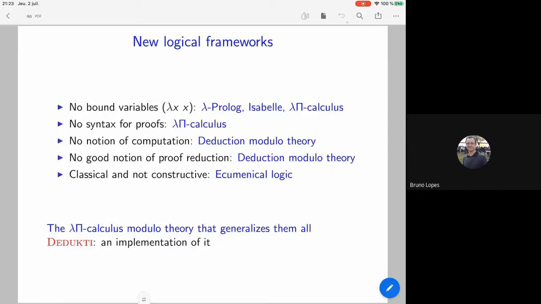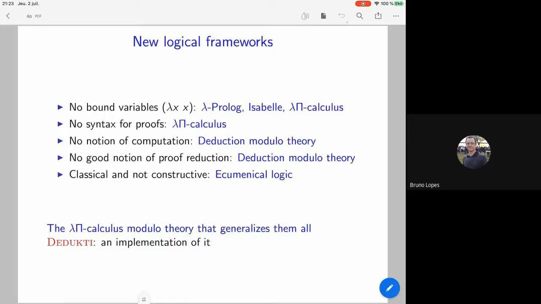So we see that we have lambda Prolog, Isabelle, the lambda pi calculus, deduction modulo theory, pure type systems, ecumenical logic, and the lambda pi calculus modulo theory that came later generalizes all these logical frameworks.